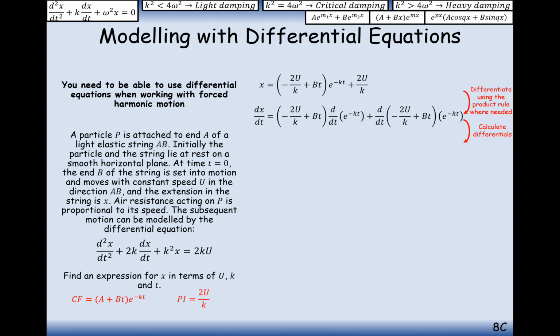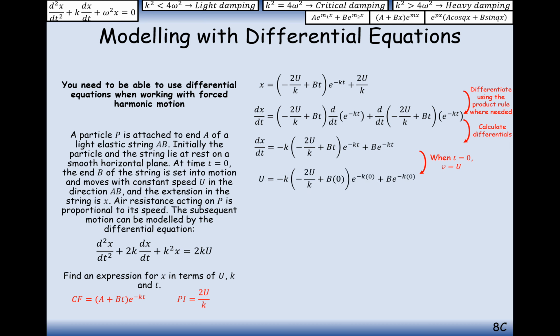We differentiate it using lots of product rules, and that's what we get. Now we can plug in t equals 0, v equals u. At time t equals 0, the spring is set into motion and moves with constant speed u. Yes, lovely, there we are. So it tells us in the question that at t equals 0 it is set into motion with speed u.